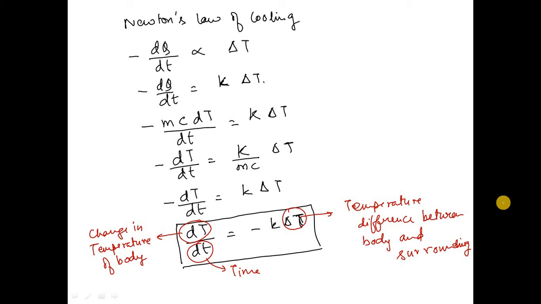For numericals, the temperature difference between body and surrounding we have to oversimplify, and for oversimplification we will take the difference of the average temperature of the body, and I'll subtract from this the surrounding temperature.